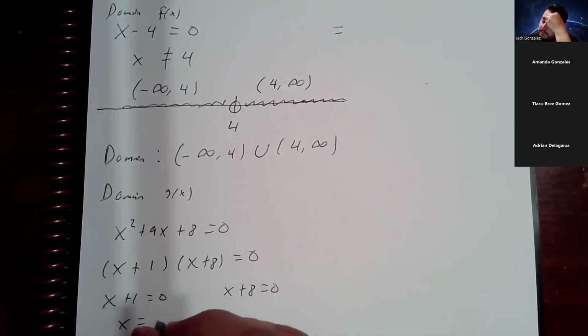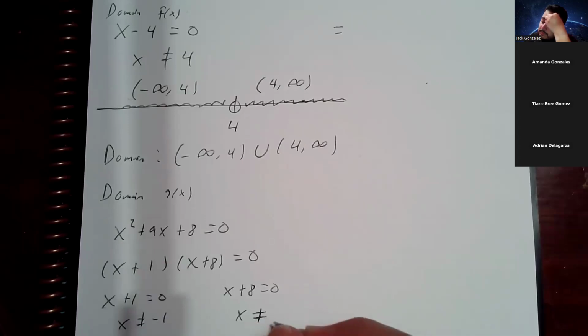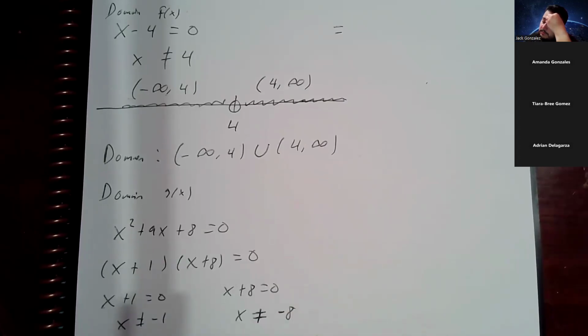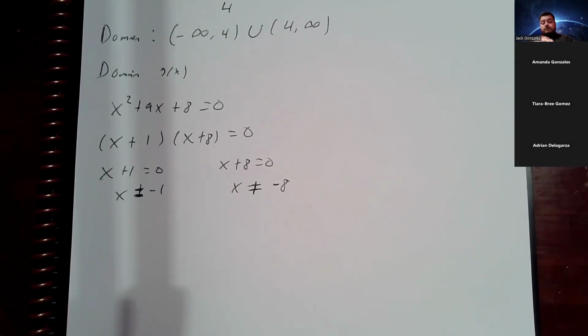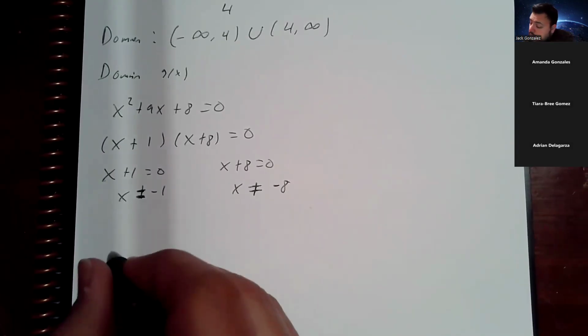So x cannot be -1, x cannot be -8. So we have two holes.